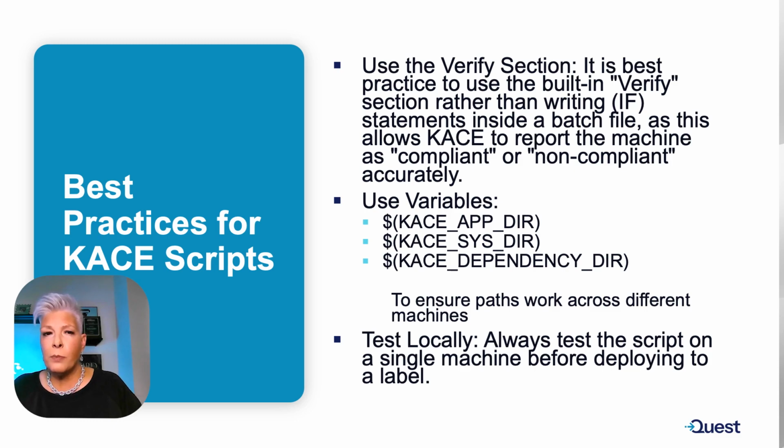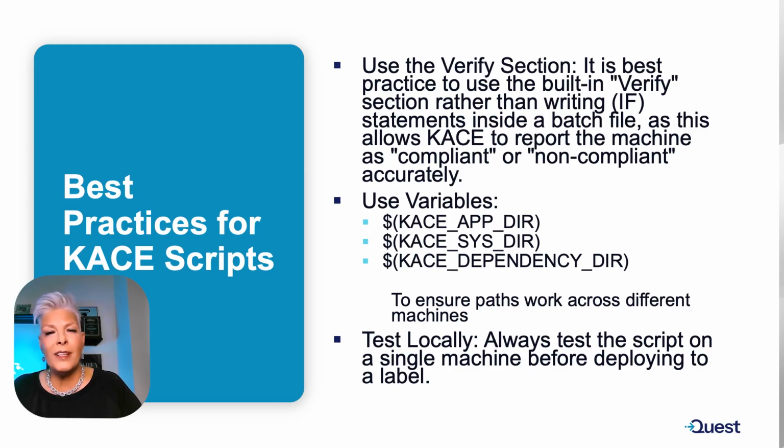And according to best practices, you should always use the built-in verify section rather than writing an if statement inside a batch file, since this will allow KACE to report the machine as compliant or non-compliant. Take advantage of the variables so that you can ensure certain paths work across different machines.